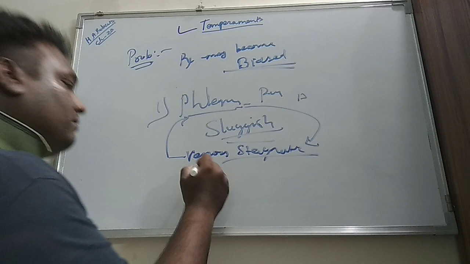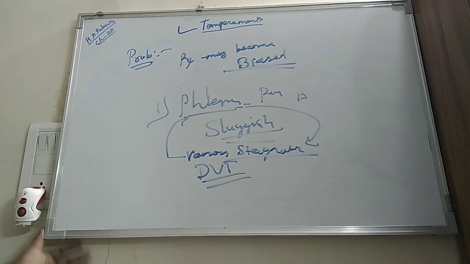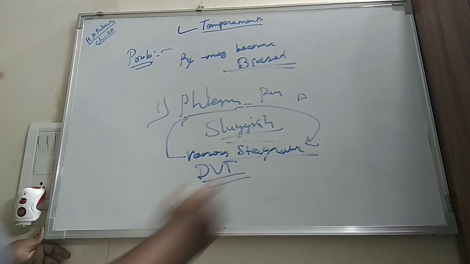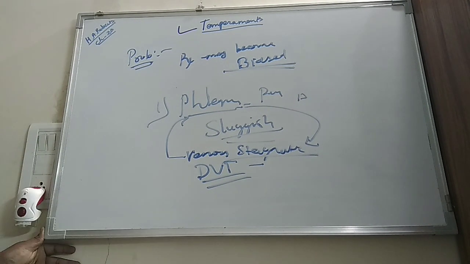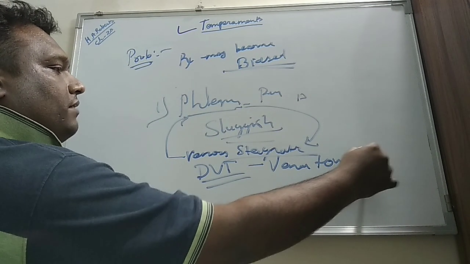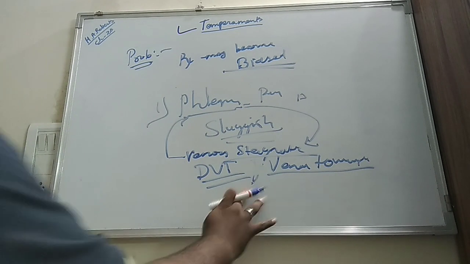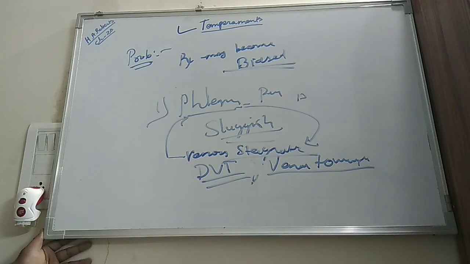We can also call it DVT, deep vein thrombosis. We can also call it venous tortuosity, a type of venous stagnation where veins and their valves are not functioning properly, pushing the blood up, and that's why tortuous veins are found on the legs of usually the people who are standing for a long time.